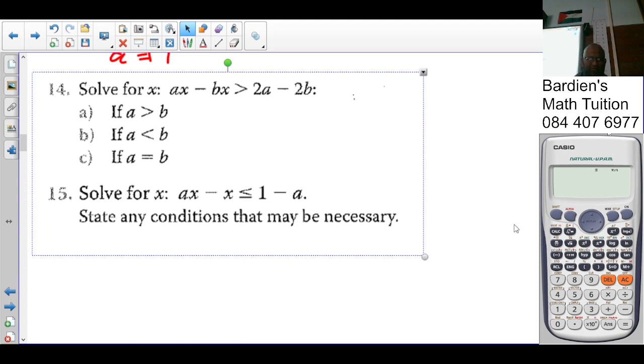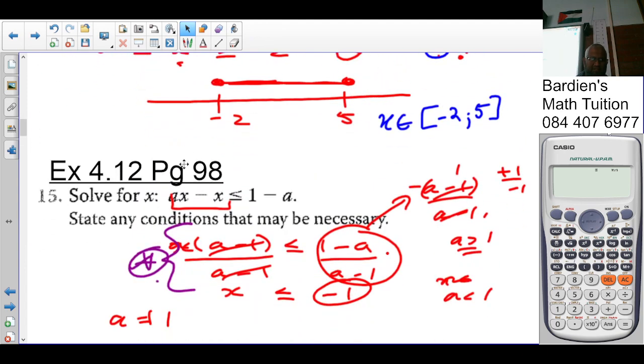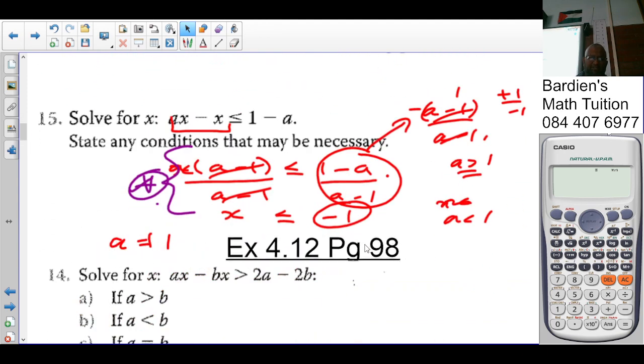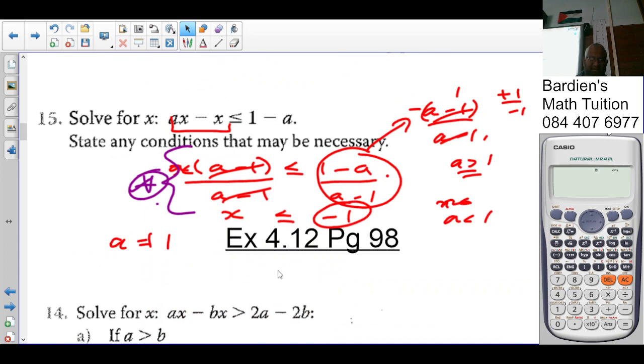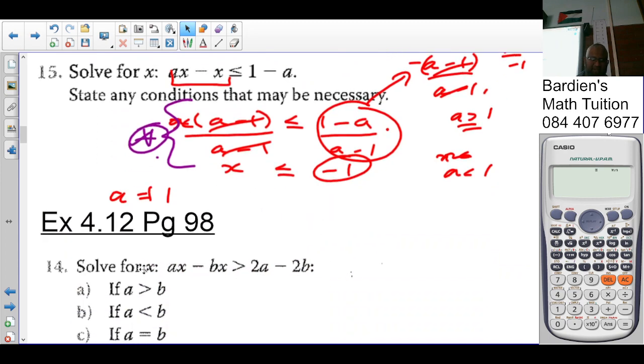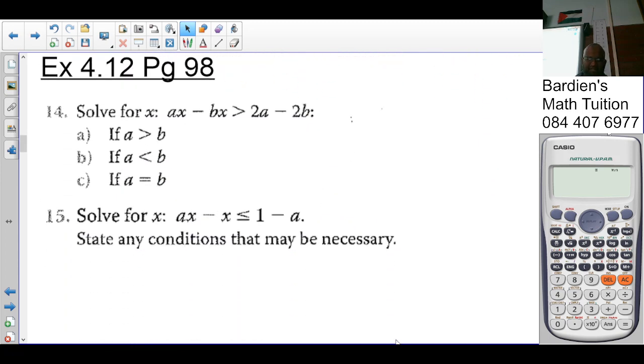Now coming back to number 14 and 15. Number 8. Okay, I'll check number 8 now. Anything else? Sorry? We got 14 and 15 already.